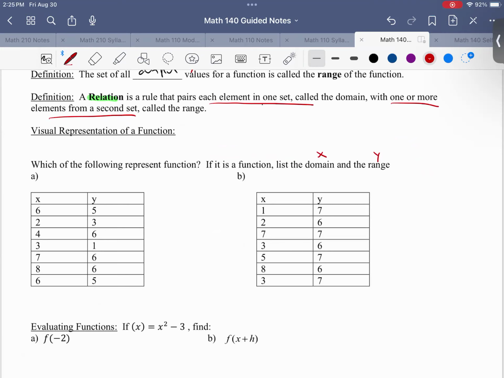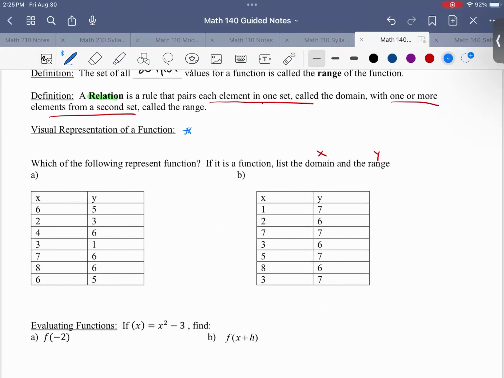Remember, to be a function, for every input X, there is one and only one output Y. So for every input X, there must be only one output Y. It can't have more than one output.